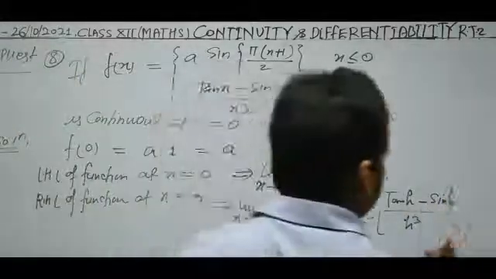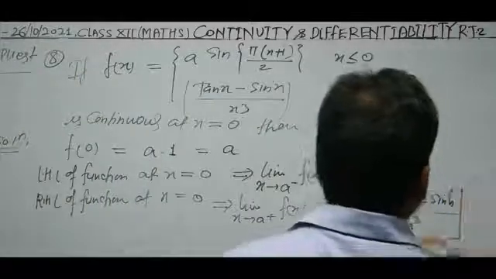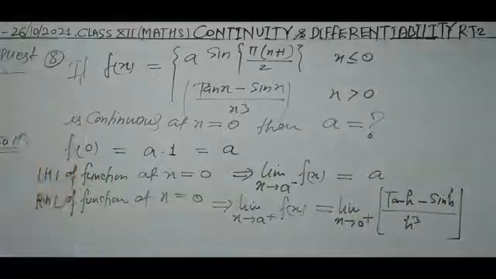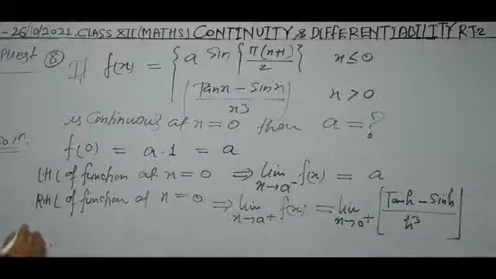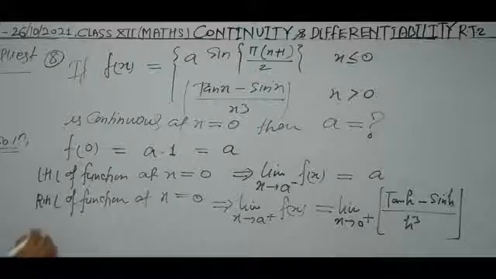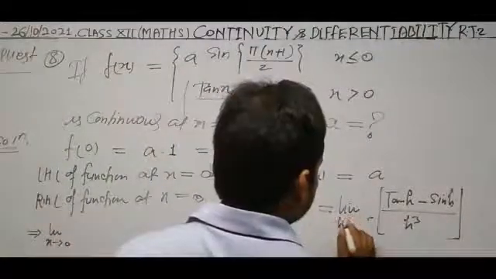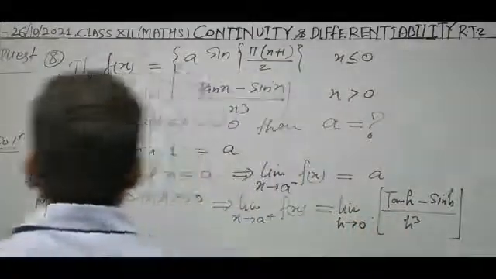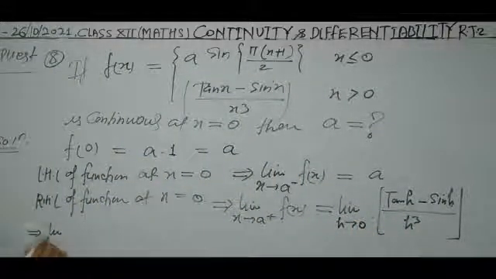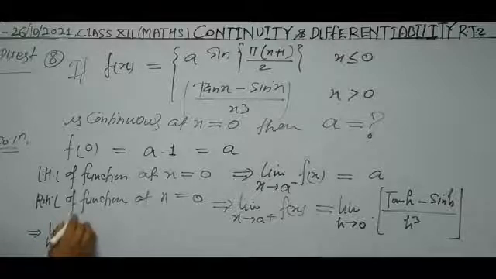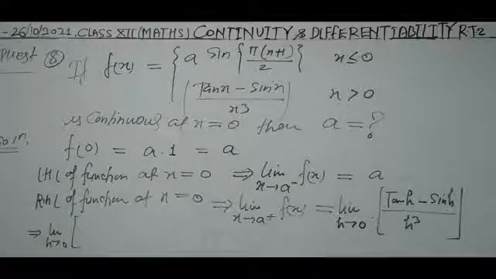Now we have to operate the limit after solving. So what will be the result? Limit h tends to 0, tan h minus sin h whole upon h cube.